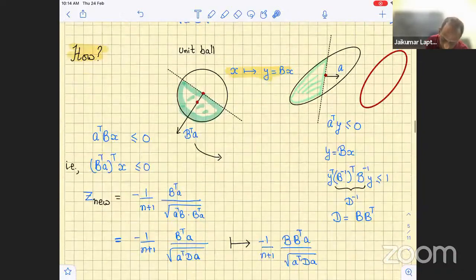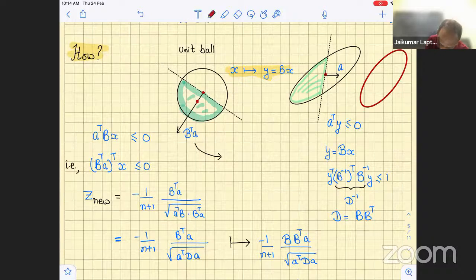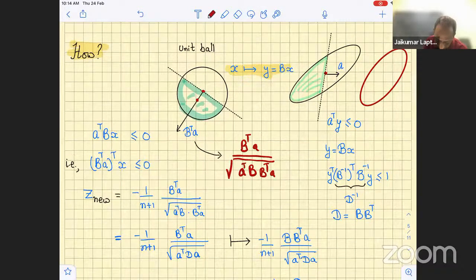You write B transpose A and divide it by its length, the square root of the dot product of B transpose A with itself. So that is the unit vector in this direction.